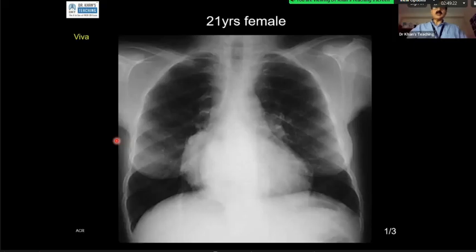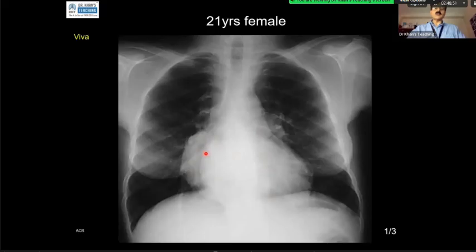Now, if you see here, the findings on this PA view are paravertebral soft tissue, and on this side there is a round retrocardiac opacity. The candidate picked it up well. If you compare this rib with this rib, you will agree, though the exposure is not very good, that there is expansion of the ribs.